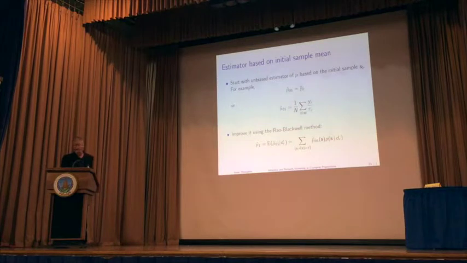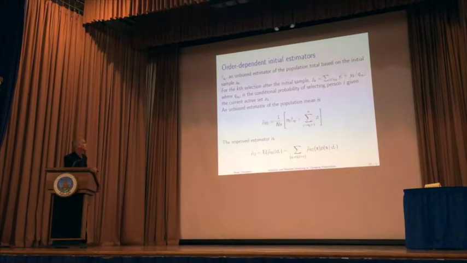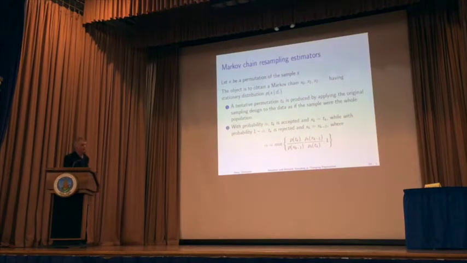So let me go light on some of the details of these estimators, but just say that in the process of this work, I found a practical way, at least up to medium sample sizes, of calculating these Rao-Blackwell estimators.